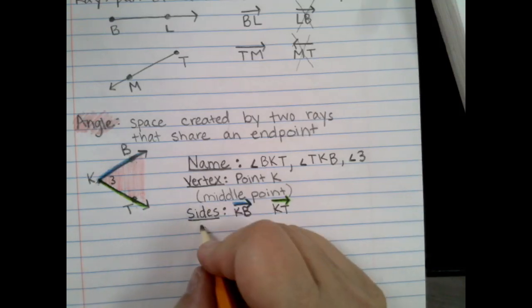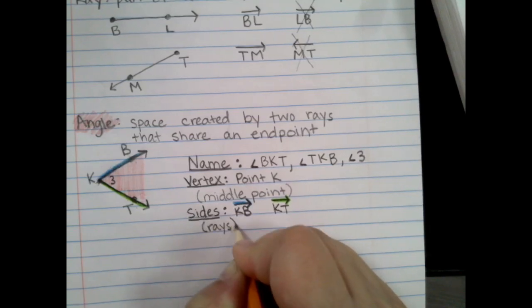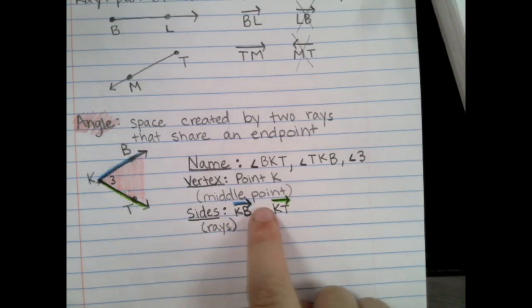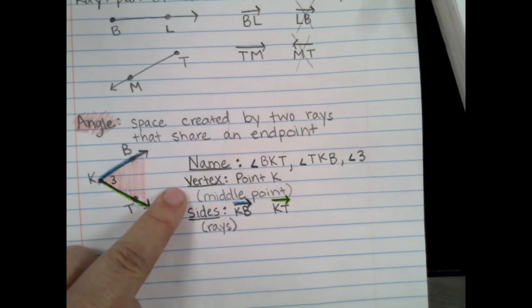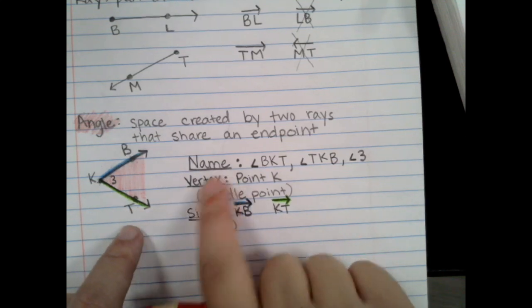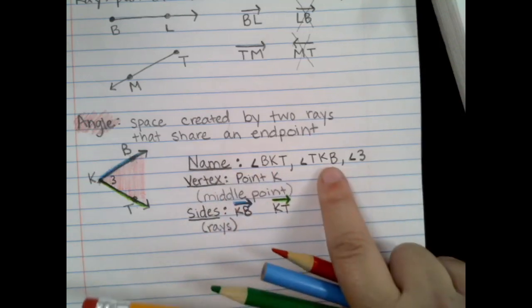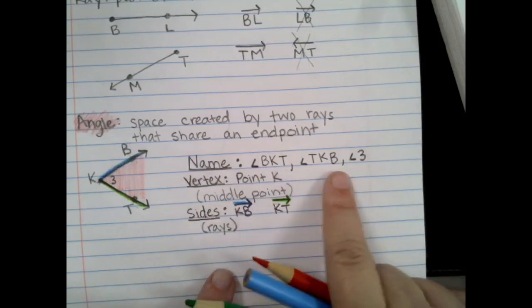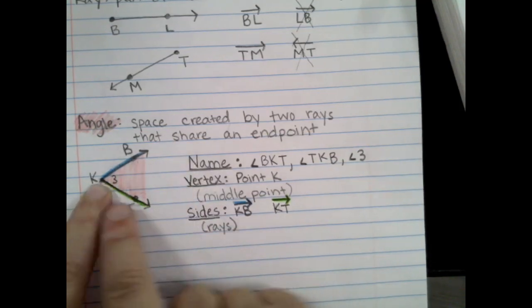If you need to, put in parentheses that these sides are always rays. The part where they connect, that vertex, should be the beginning point, because that's where they touch. Where is the vertex always located in our names? Middle. Yeah, good, middle. But in the sides, it's the beginning, because that's where we're starting, the middle, and then working our way out.